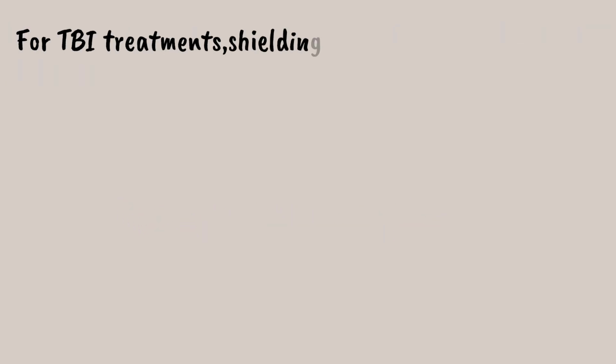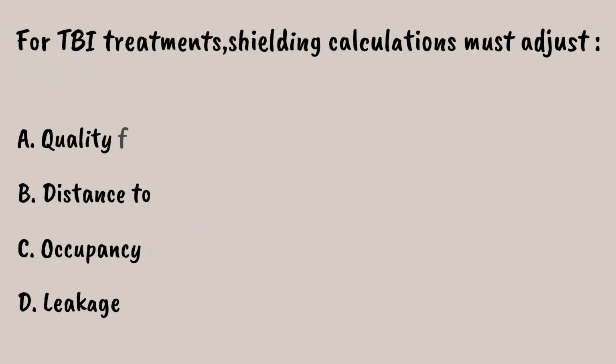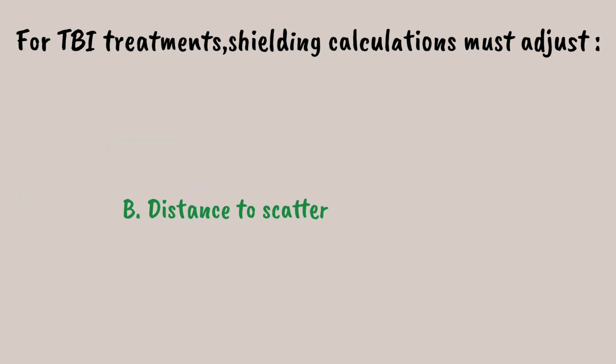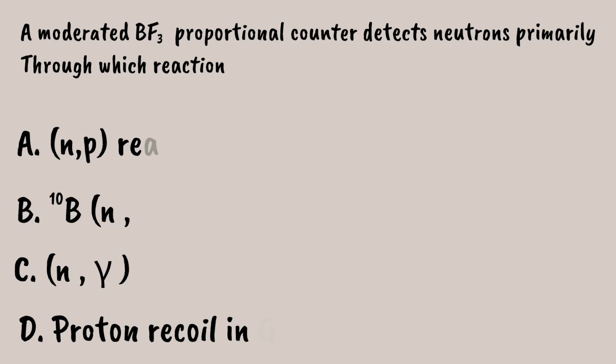For TBI treatments, shielding calculations must adjust. A moderated BF3 proportional counter detects neutrons primarily through which reaction?